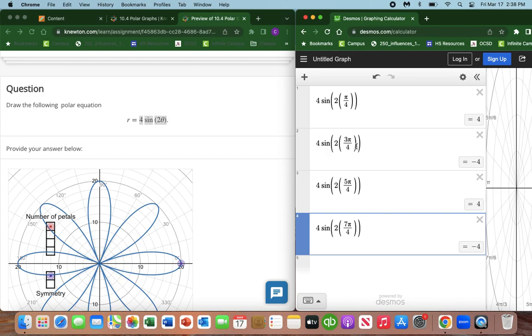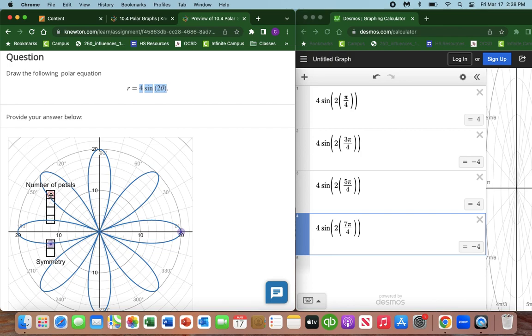Basically I'm looking for sine of pi over 2 over and over again. Pi over 2 or 3 pi over 2. And this gives you 3 pi over 2. This ends up giving you 5 pi over 2, which, remember, is pi over 2. So we're getting those same values over and over again.